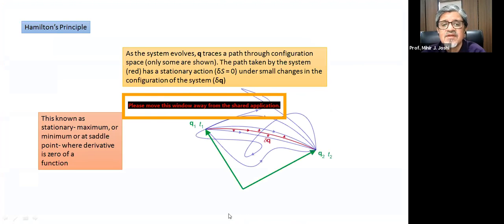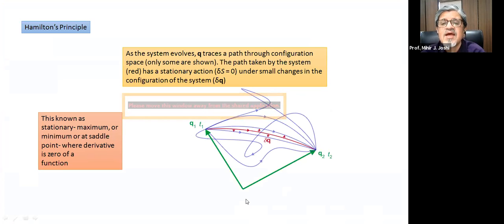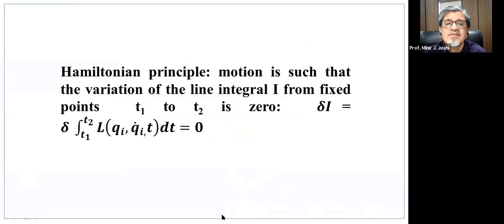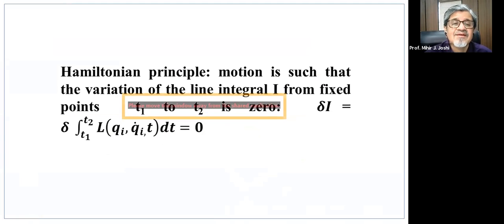If we try to write a Lagrangian for this one, it shows a line integral from t1 to t2, and for the shortest path, the variation of the line integral, represented by delta, is zero, and that shows that it is a stationary value. Stationary value here is the shortest one, or in another case we can consider the longest one, but here we consider the shortest one, and the variation becomes zero, and it has a stationary value.